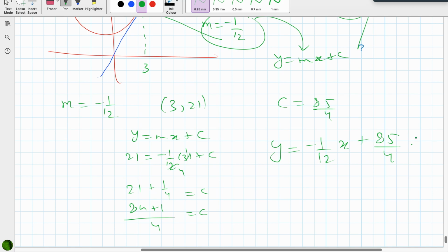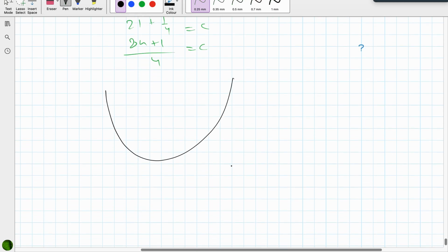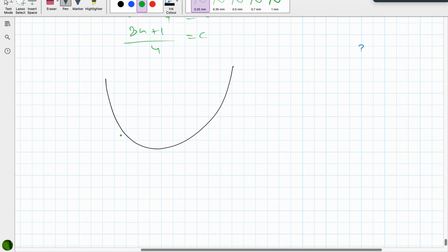The relationship between tangent and normal: given a curve, you do dy by dx at the given point. dy by dx, or you say gradient, or you say tangent, is this thing. This is the equation of the curve.